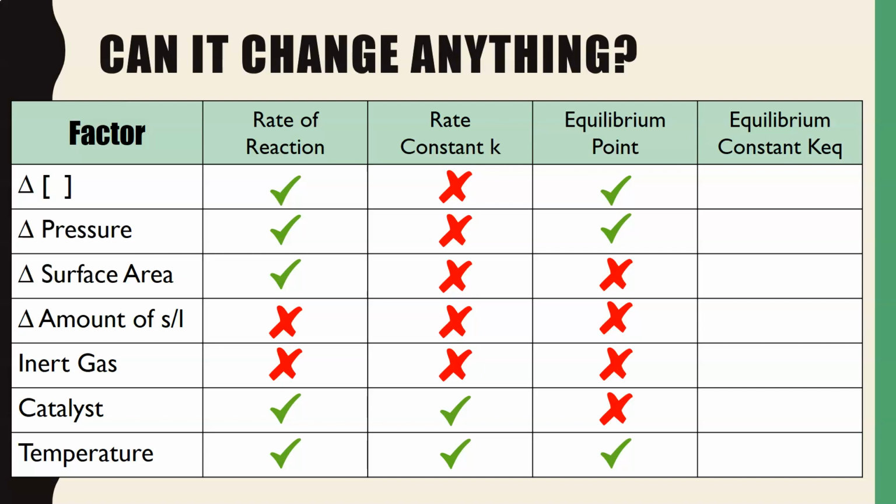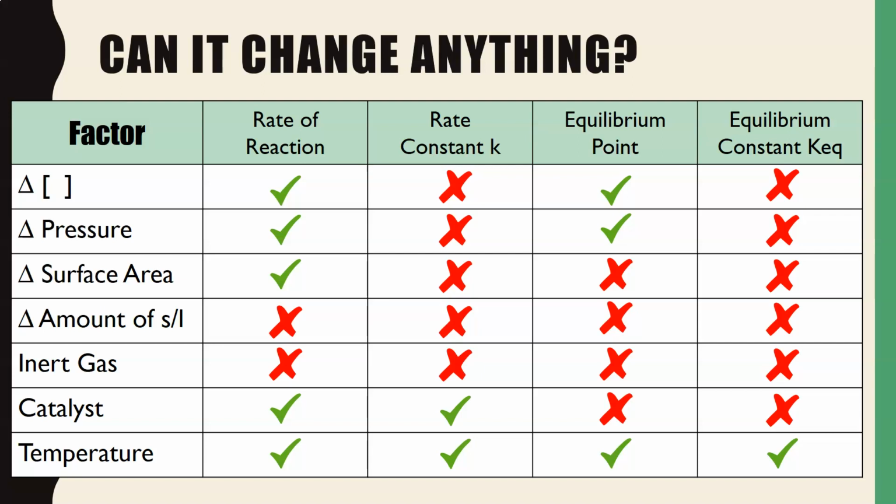Now, changing the equilibrium constant is not an easy thing to do. There's only one thing in this entire column that will result in a new equilibrium constant, all the way at the bottom. The only thing that will give you a new K eq is a temperature change.